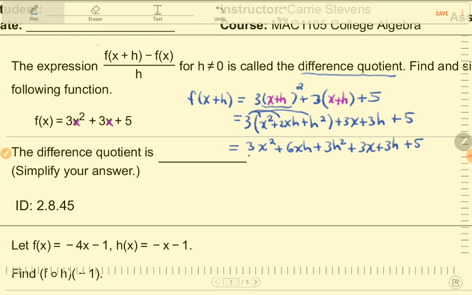Are there any like terms? Are there any 3x squared terms that I can either combine or cancel this with? And no, there are none. 6xh, are there any other xh terms? No, there is not. Are there any other h squared terms? No. 3xh. Okay, so there's no like terms to be simplified here. So I'm going to move on to my next step. So that was just doing this portion of it.